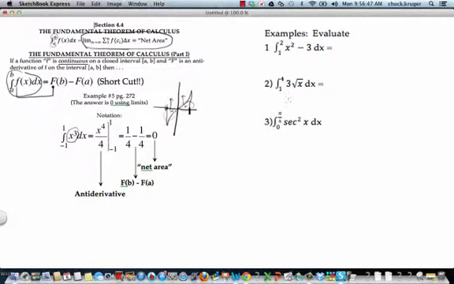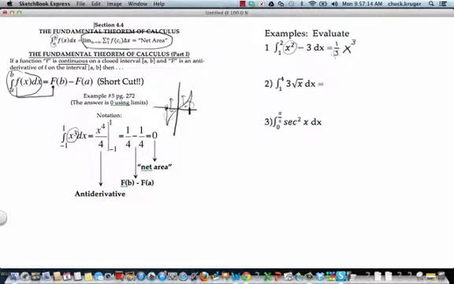Alright, so I'm going to apply that to 3 examples right here. And again, all I do is I compute the antiderivative for each of these. So I'm going to look first of all at what the antiderivative is for x squared. And what I do is I raise my exponent by 1, and rather than divide by 3, I multiply by its reciprocal. I just think it's less of a hassle.